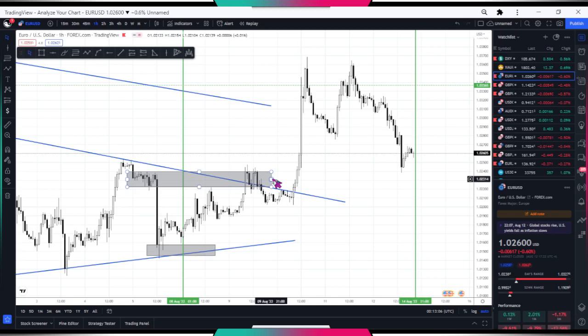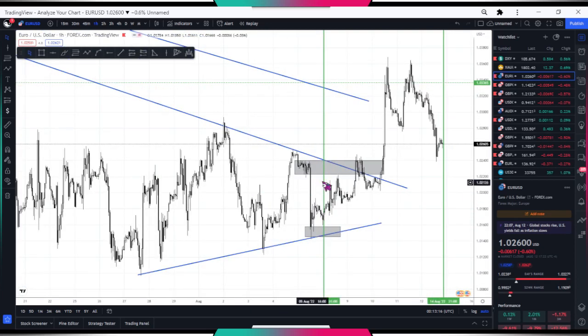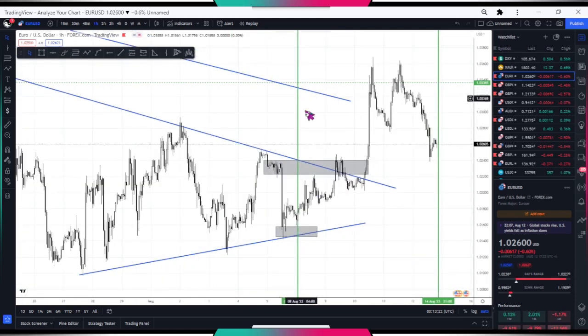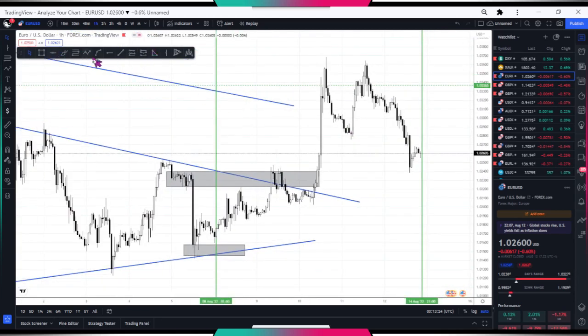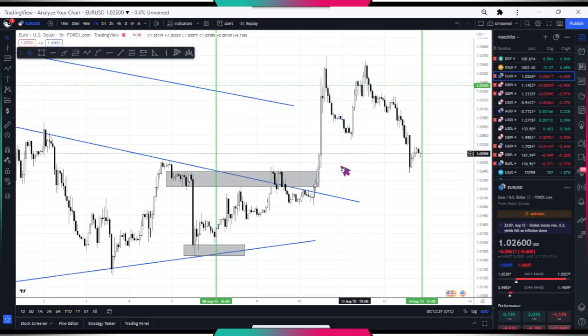Right? And this broke out on that Wednesday and gave about 150 or 140 pips in total, and formed a similar but opposite pattern.